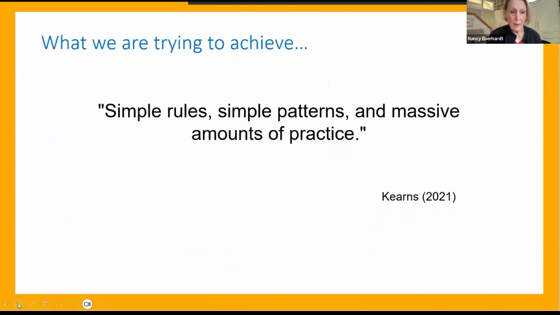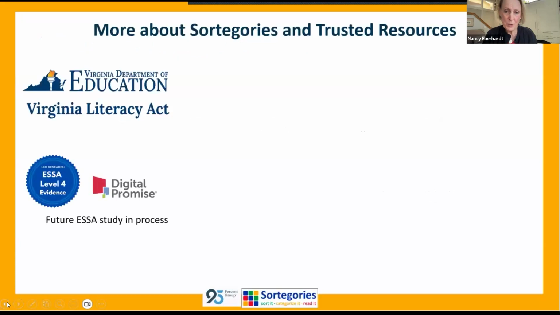So all of this is designed to say that simple rules, simple patterns, and a massive amount of practice is required to achieve fluent and comprehensible reading. And we hope that you'll use the Word Knowledge Network to help you achieve that.